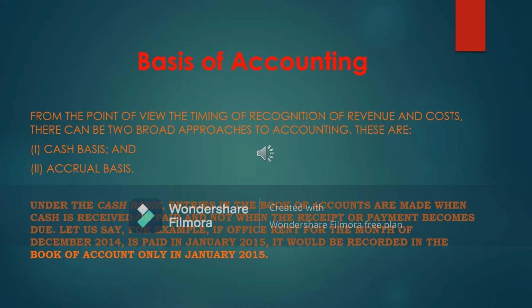For example, if the office rent for the month of December 2014 is paid on January 15, although it was due for December 2014, it would be recorded in the books of accounts only in January 2015. So this is accounting on the cash basis.